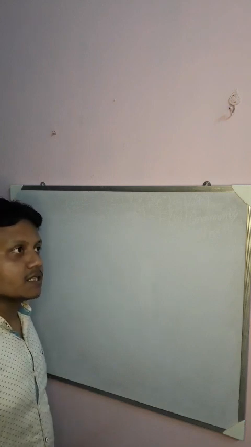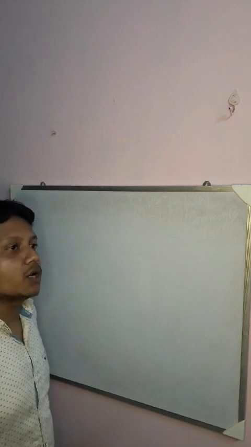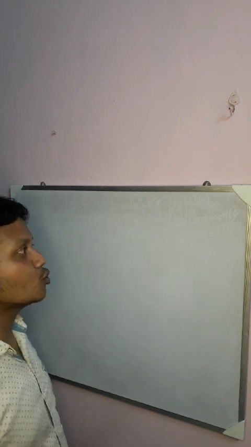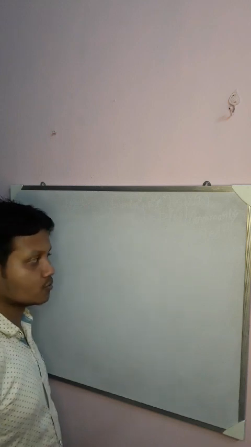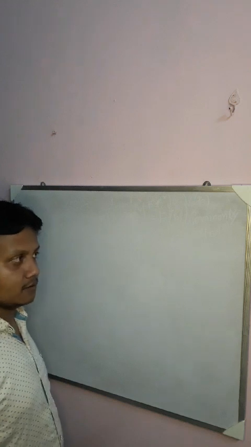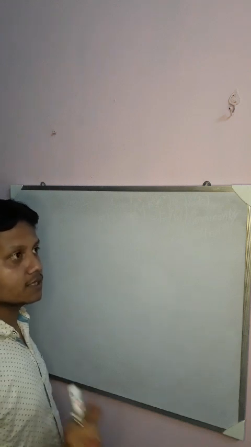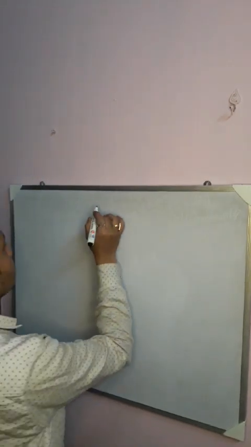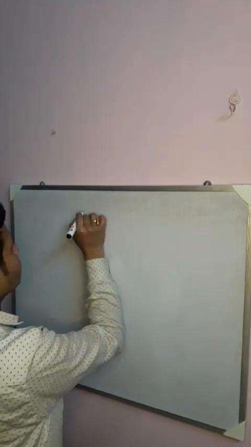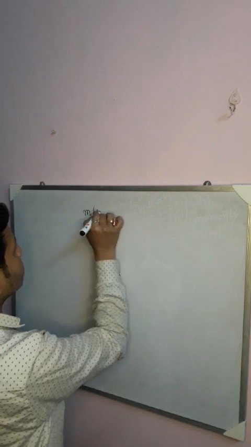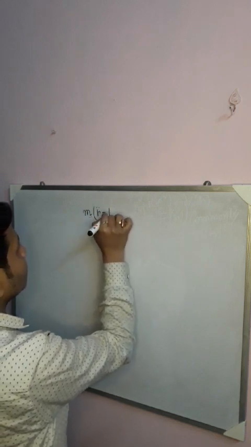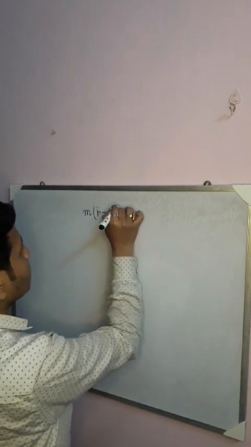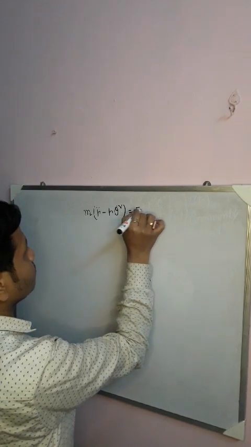Now, in yesterday's lecture I told about the equation of motion of a particle in a central force field, and there I discussed two equations of motion: one is the radial equation of motion and the other is the cross-radial equation of motion. The radial equation of motion looks like this: m into r double dot minus r theta dot square equals f of r.